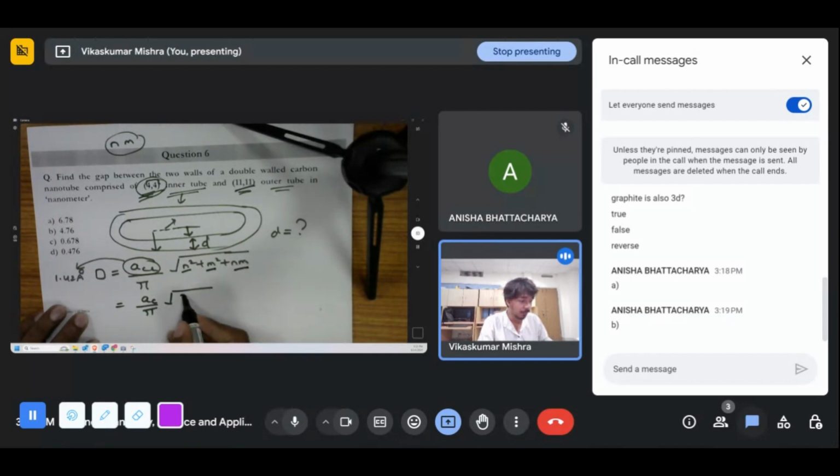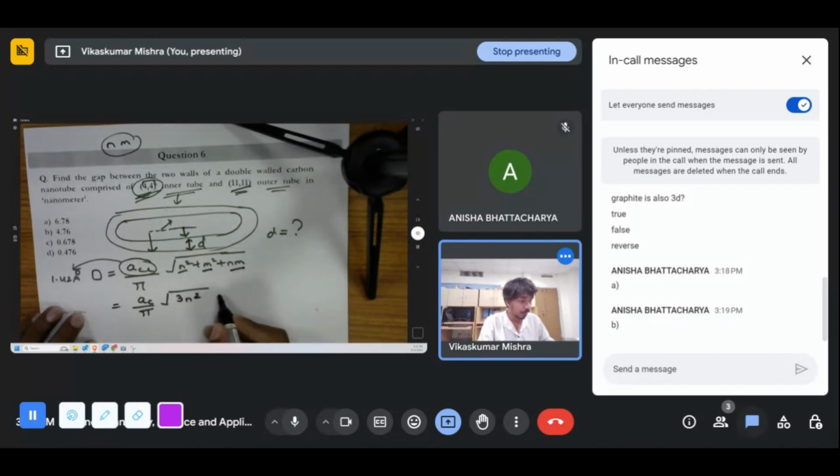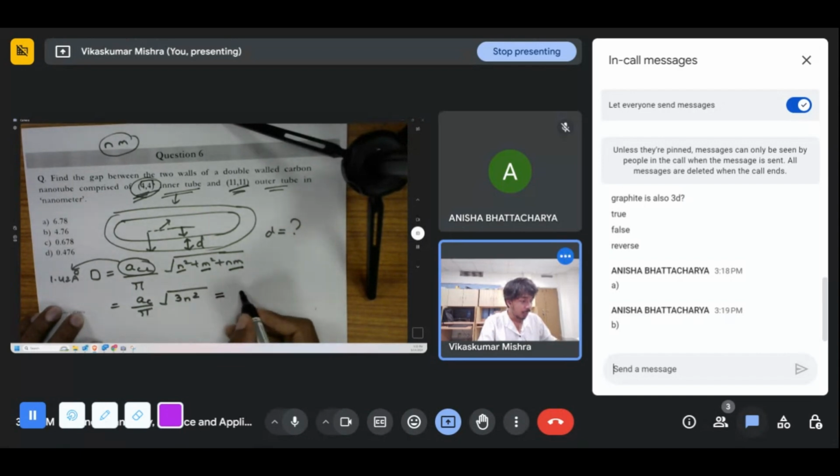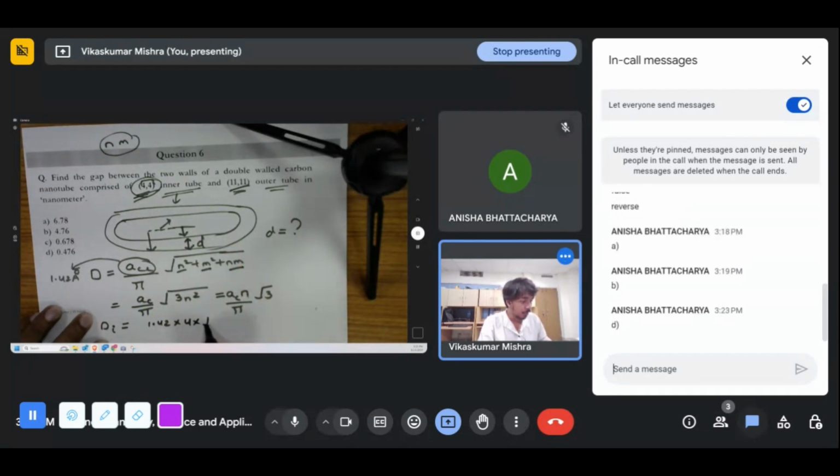So we get 3 times n square, and n comes out common. a_CC divided by pi and root over 3. So the inner diameter will be 1.42 multiplied by n, that is 4 times root 3, divided by pi.